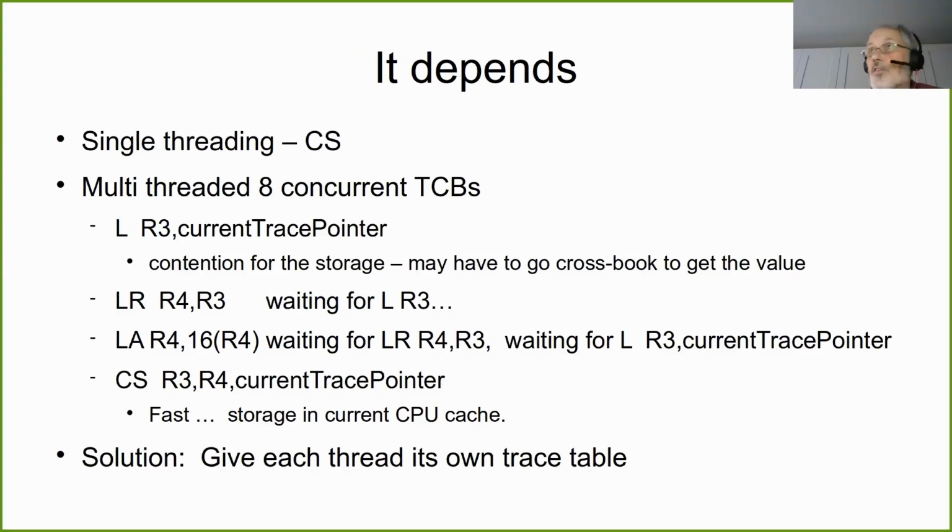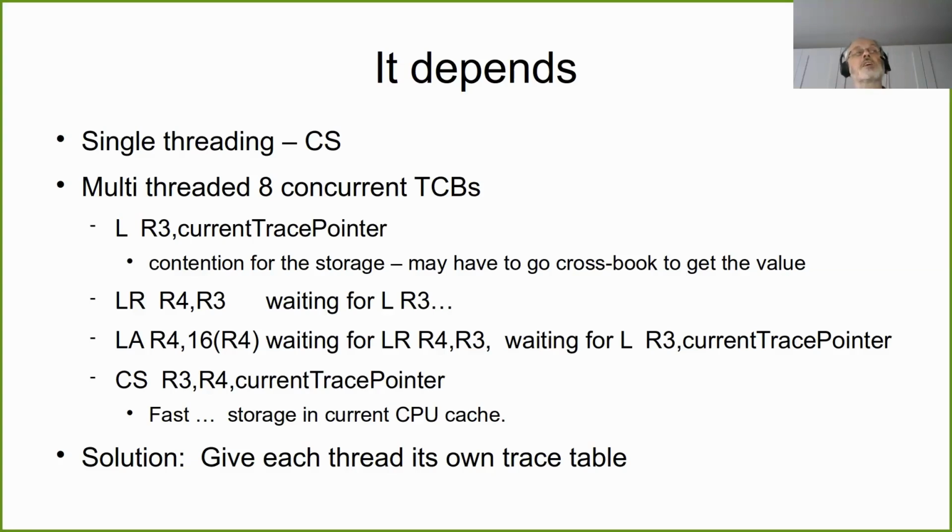If it's single threading, the compare and swap is, because it has to do 2 storage updates. But if you're doing multiple TCBs, the first instruction, the load of the current trace pointer, had a lot of storage contention. Sometimes the pointer was in this chip's memory, sometimes in the same book, sometimes it was around the corner.